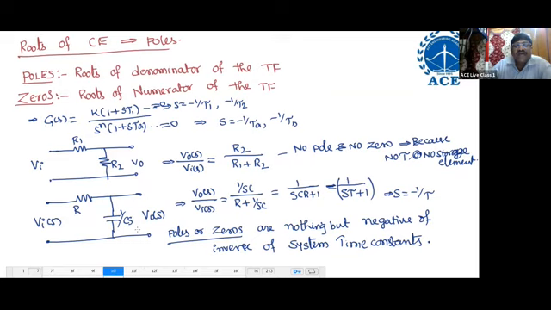If you want to find zeros, you have to find the transfer function. There is no alternative. So remember, poles or zeros are nothing but the negative of the inverse of the system time constant only. If the system does not contain any storage element, any time constant, then you don't get any pole or zero.